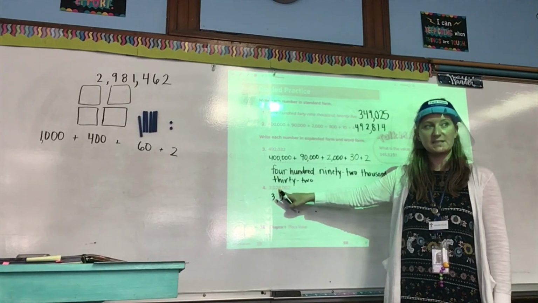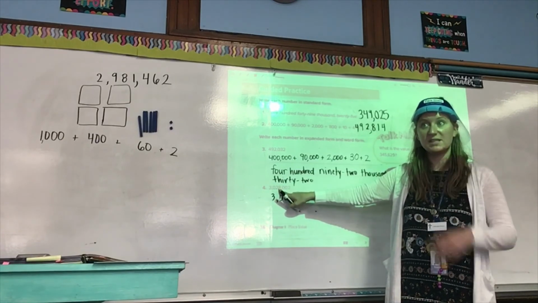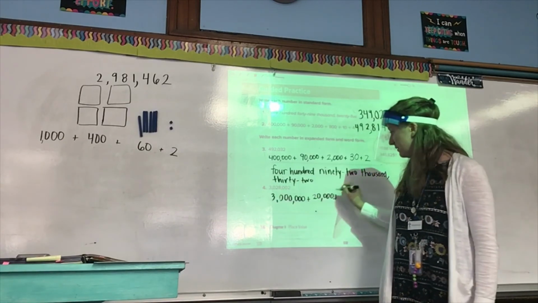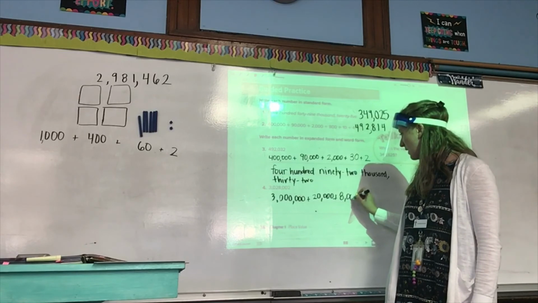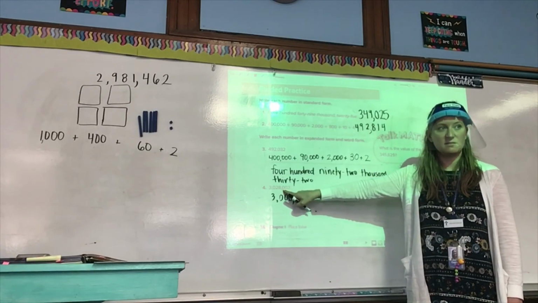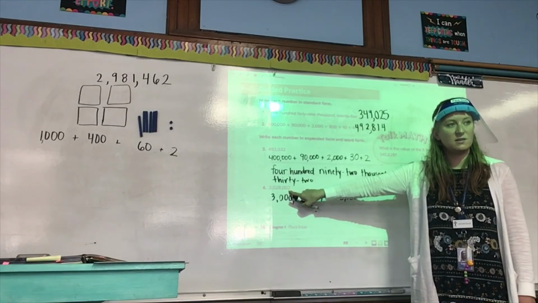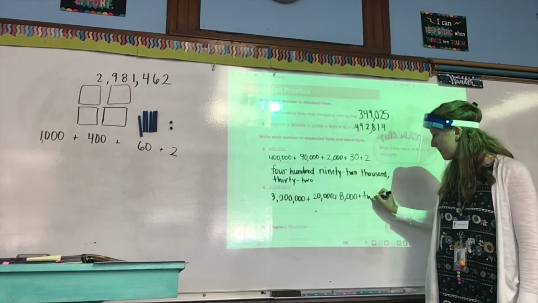Think about what place it's in. 8,000. 8,000 plus, is this anything? These 2 zeros? So we can skip them. So plus 2.